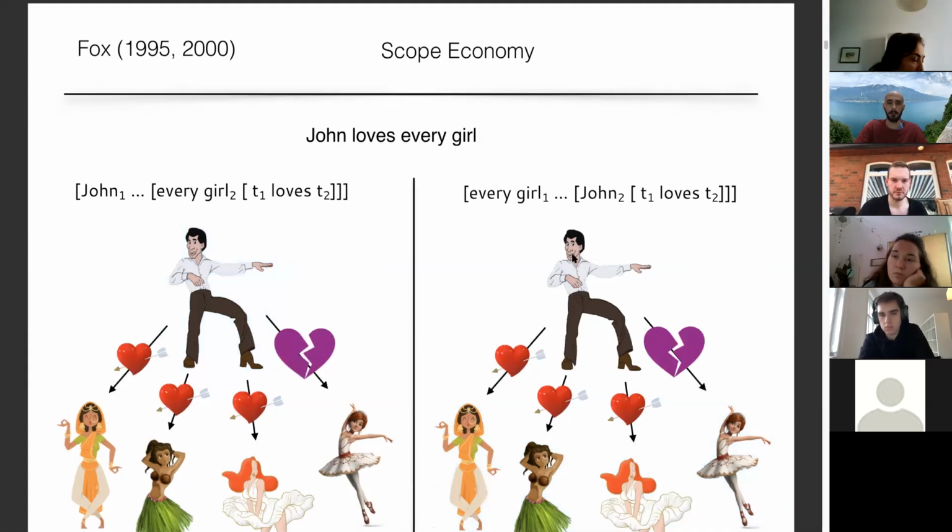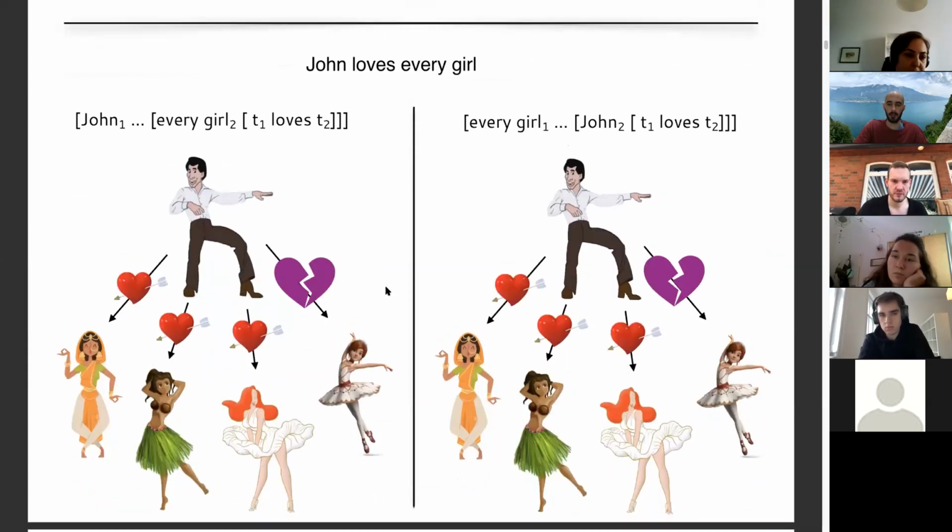So let's modify our situation, and let's make sure that this little girl here, whose name I don't remember, probably Cinderella-like, does not love John. Sorry, John does not love this girl here, okay? You see the love direction is unidirectional here.